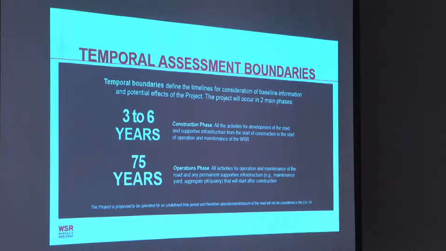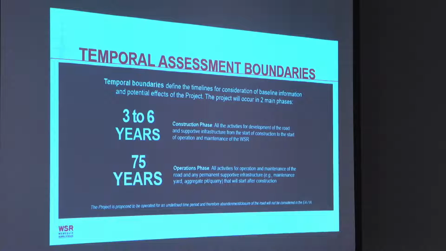But there's also time. Temporal means time. So temporal assessment boundaries is what time frame you are doing the assessment over. There are two basic time frames. The first is 3 to 6 years, which would be the estimated construction phase of the project. So that's one assessment boundary. And then there's the operations phase. What is the reasonable expected lifespan of the road?